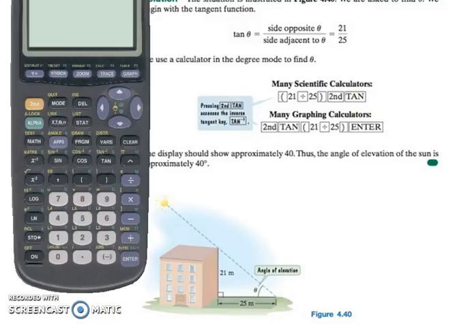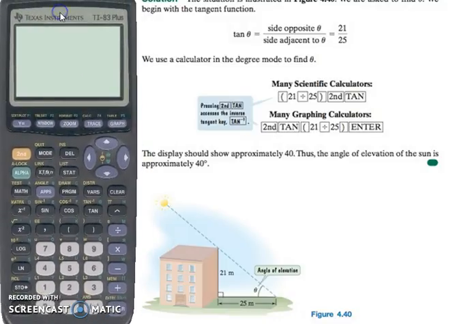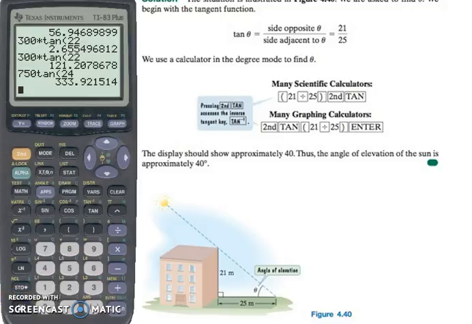In order to clear the tangent, if we want to get rid of the tangent and solve for theta, we're going to have to do the inverse of tangent. It's kind of like dividing to get rid of multiplication. So we're going to do second function tangent of the ratio. Basically we're going to take the inverse tangent of both sides, but the inverse tangent and the tangent on the left side are going to cancel out.